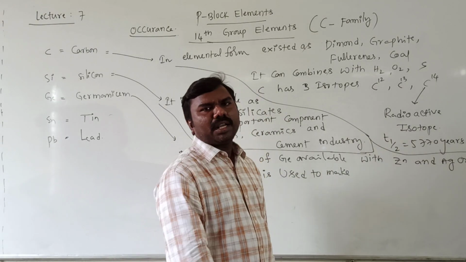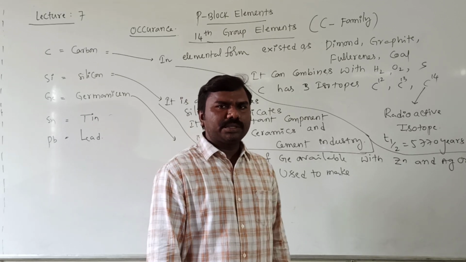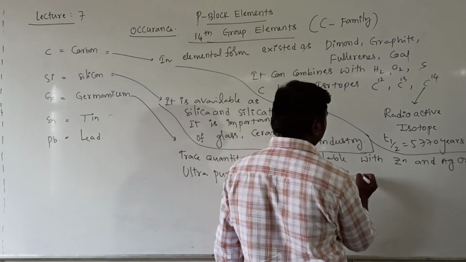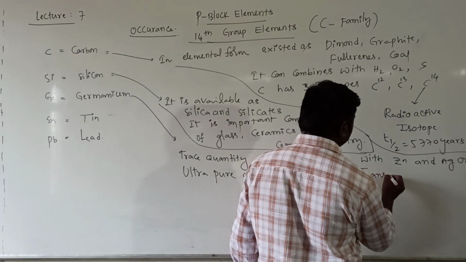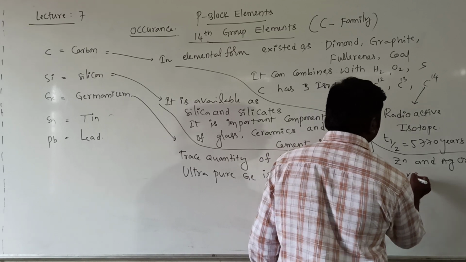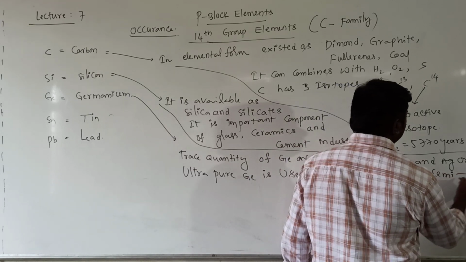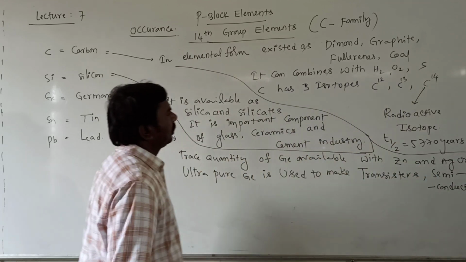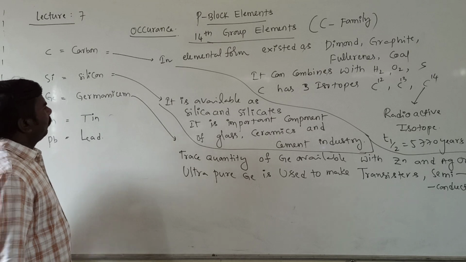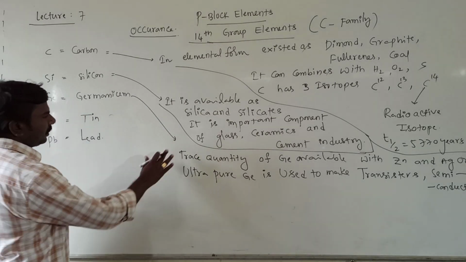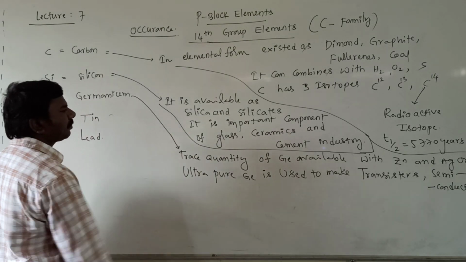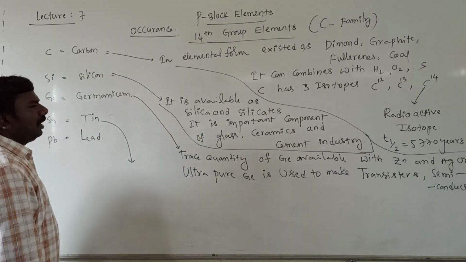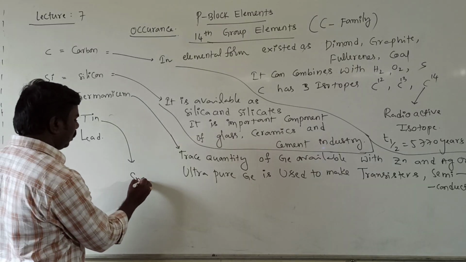Nowadays we are using semiconductors, transistors, diodes, all made by germanium. So this is the occurrence of germanium.